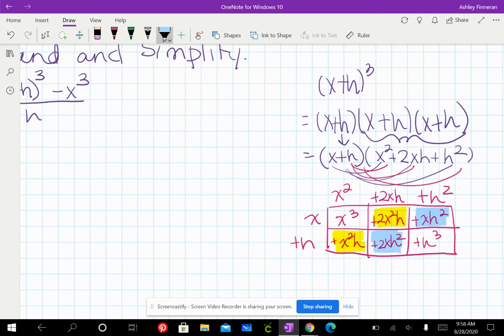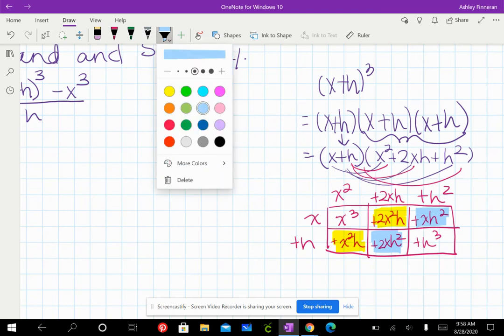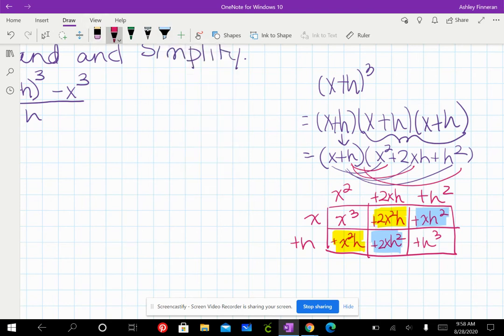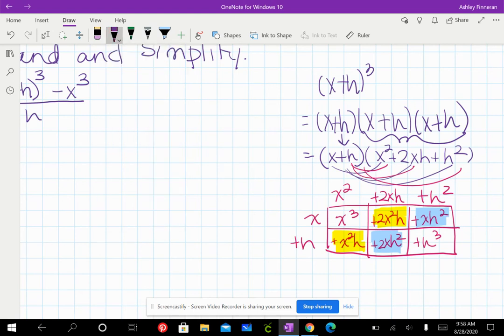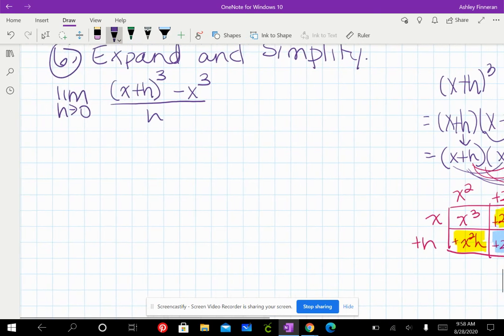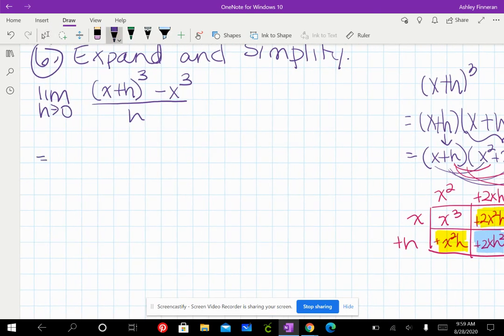So there are your like terms, and so we can add those. Depending on your pre-calc course or the course that you took before this class, you may have learned binomial expansion. You can also use that. That's completely fine. But if you didn't learn it, you can just multiply it out. That's completely fine.